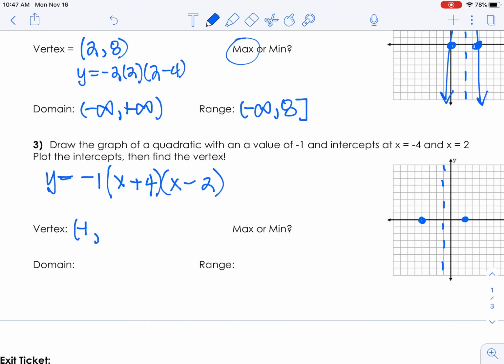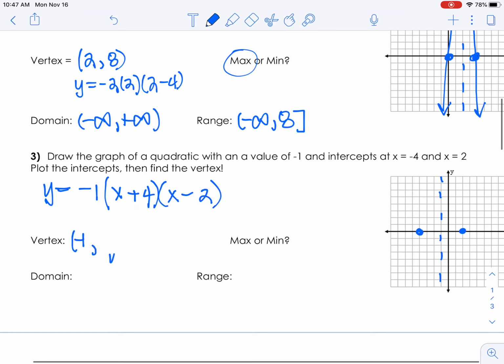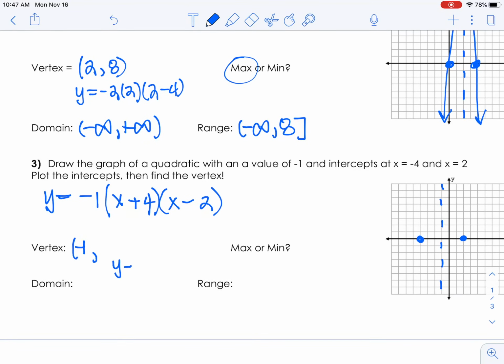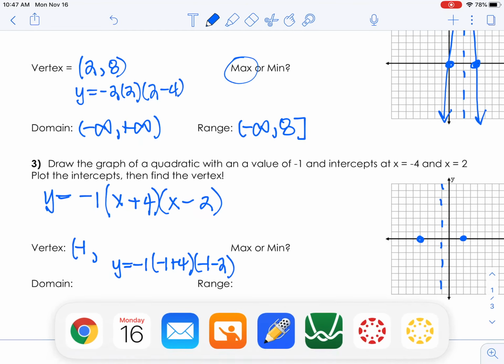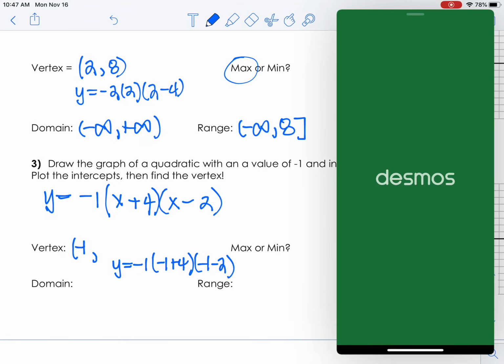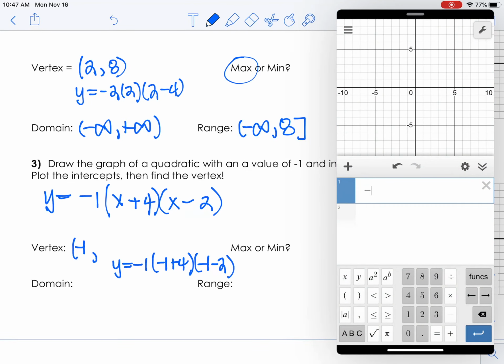Now we plug that in: y equals -1 times (-1 plus 4) times (-1 minus 2), which is 9.